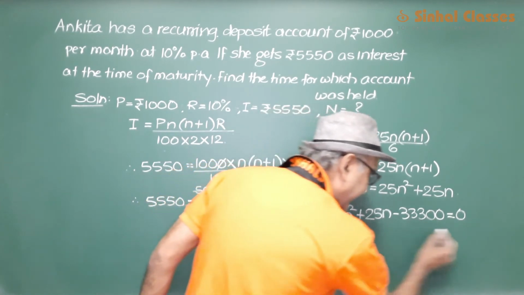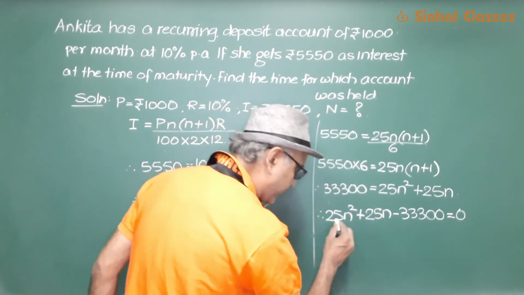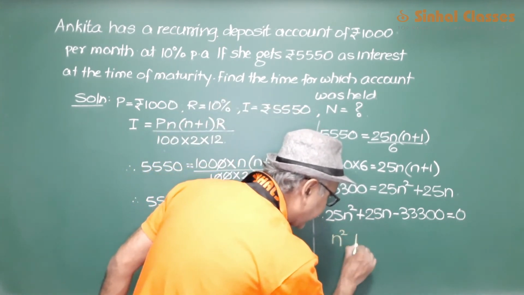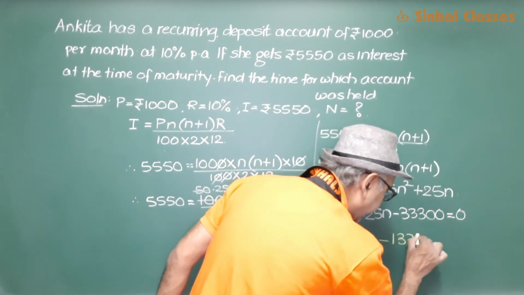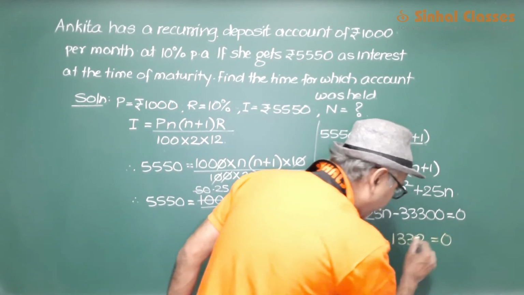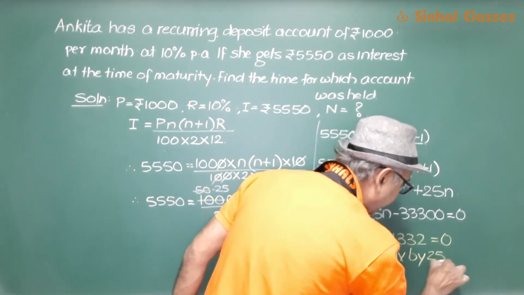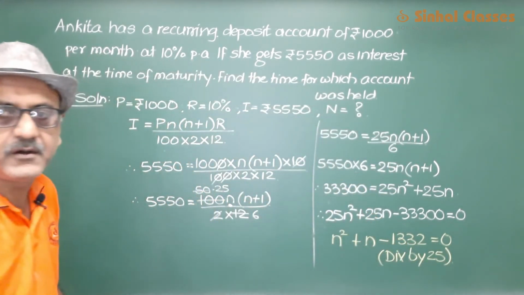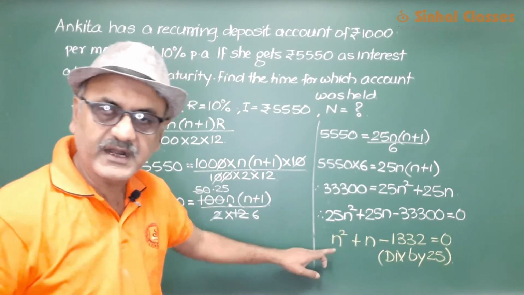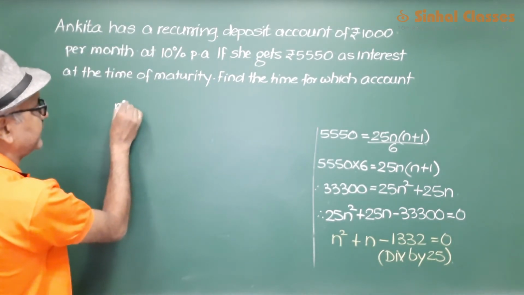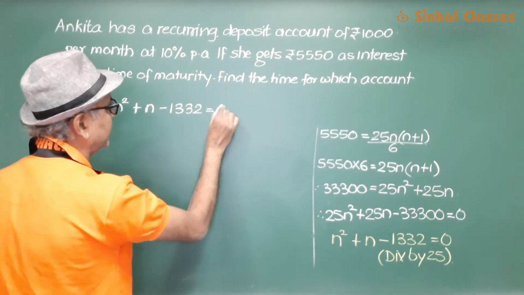So we divide this entire equation by 25, and we get n square plus n minus 1332 equals 0. Now we will start our calculation for this quadratic equation.